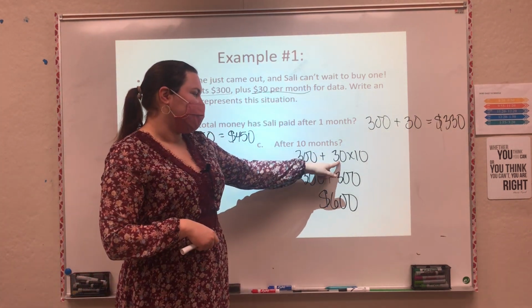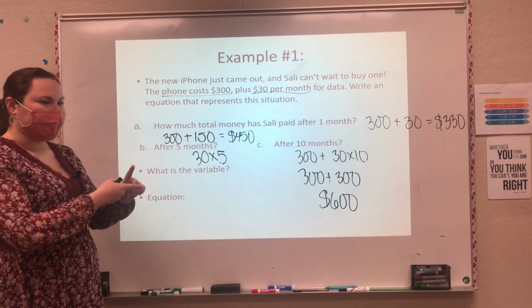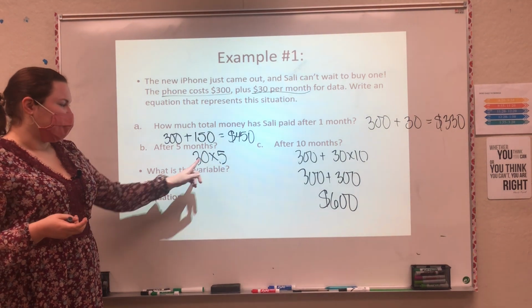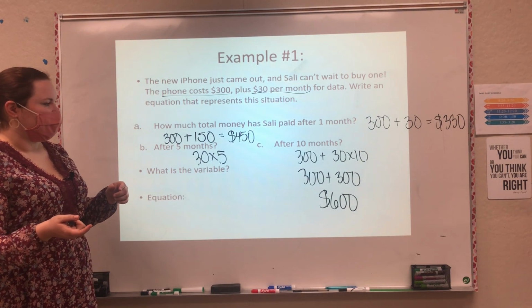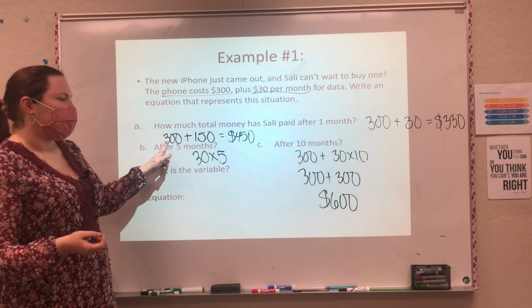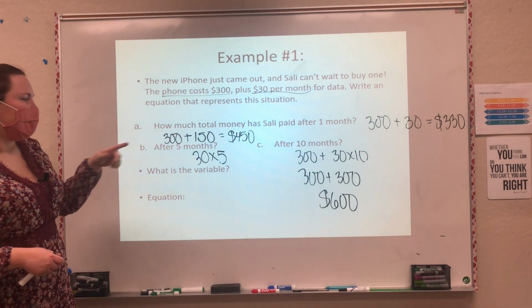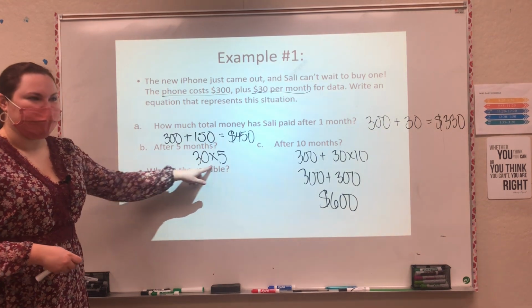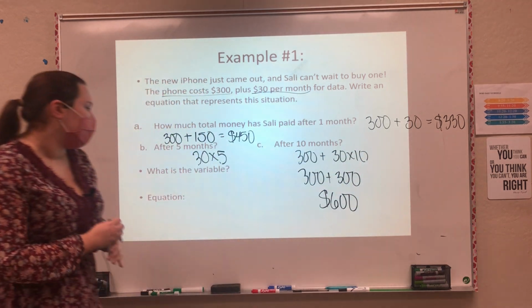So the $30 times 10 months, the $30 times 5 months. I heard you say we're doing multiplication and addition. We're always doing that multiplication, and then we're always adding the 300. That 300, notice, isn't changing. Every single time I've got that plus 300 at the beginning, the amount that's changing is just the total amount for the months of data.